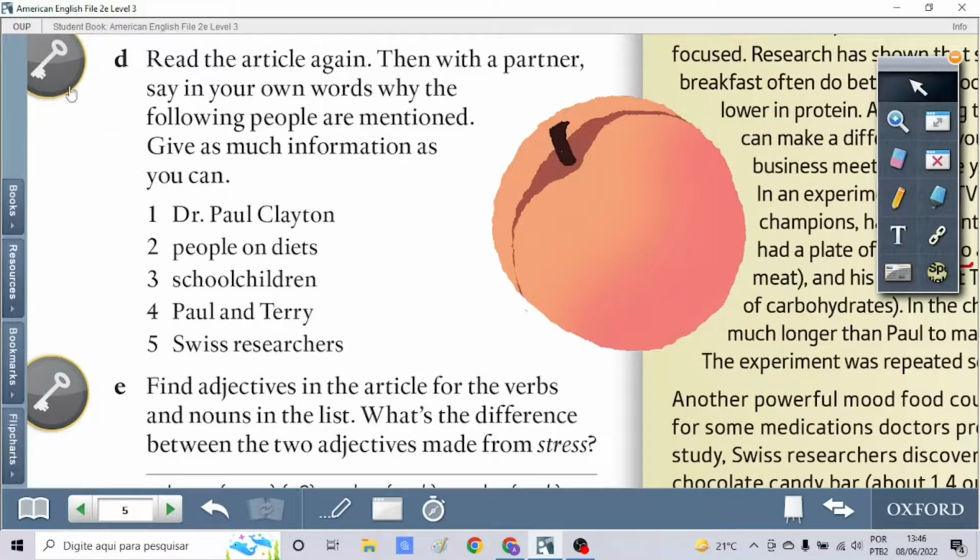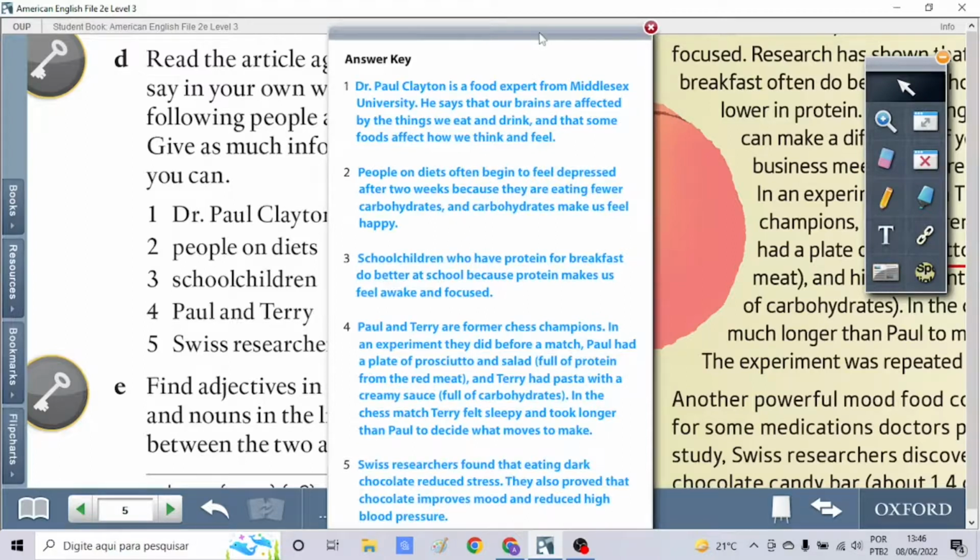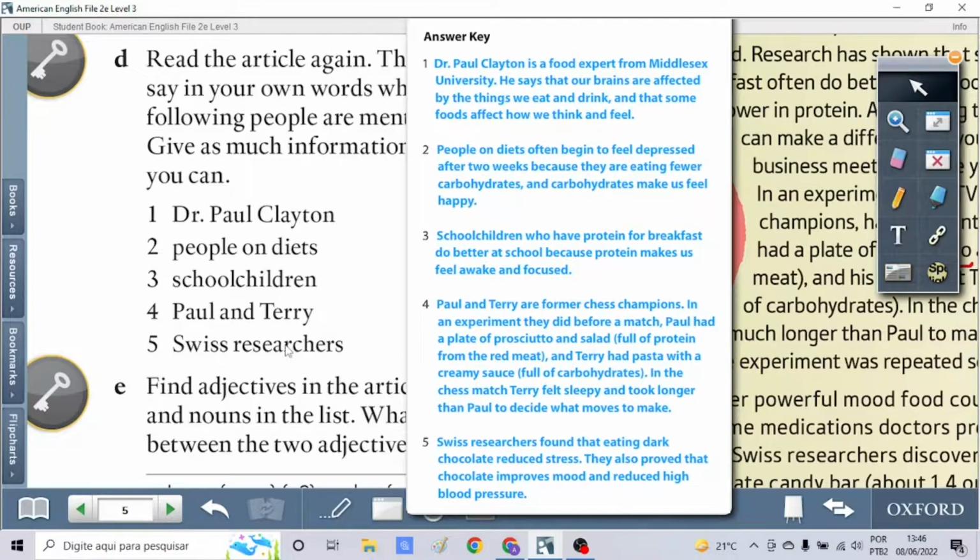All right, let's then check your answers. So Dr. Paul Clayton is a food expert from Middlesex University, and he says that our brains are affected by the things we eat and drink, and that some foods affect how we think and feel.